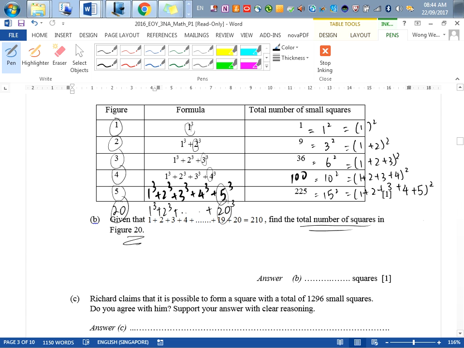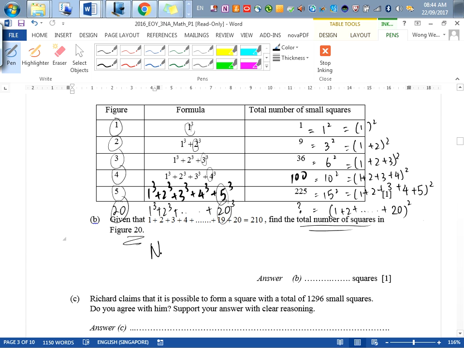Okay? A few levels that you need to go to. So the last one over here, the question mark will be equals to 1 plus 2 plus dot dot dot plus 20 square. So how much is this? 1 plus 2 plus blah blah blah plus 20.